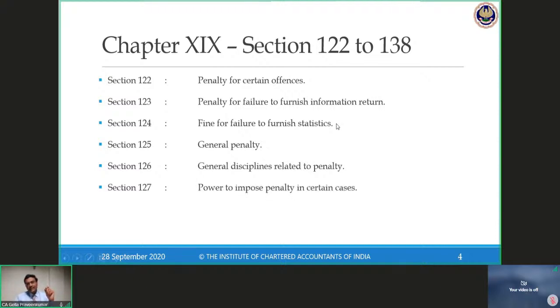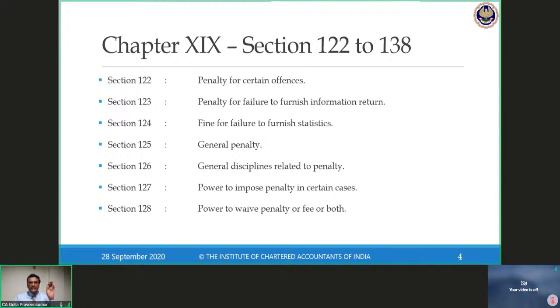Section 127, power to impose penalty in certain cases. Now this 127 is an intermediary provision which peeps into other provisions covered under section 127. 128, power to waive penalty or fee or both.